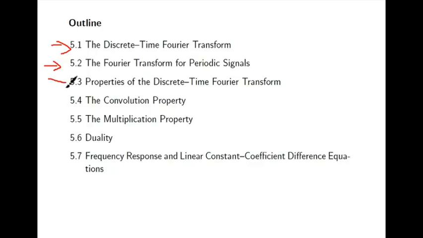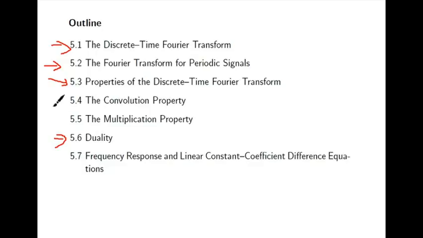The properties are the most important thing in this unit, other than the duality. The properties which I will be teaching you are somewhat similar to the continuous time Fourier transform properties, but there are some more properties in the discrete time domain, which we'll get to know when I teach them.